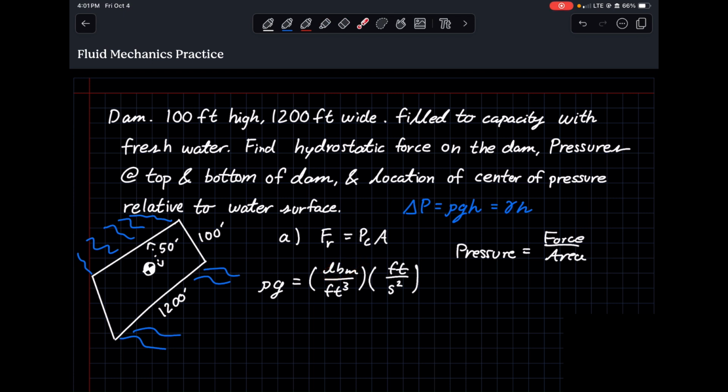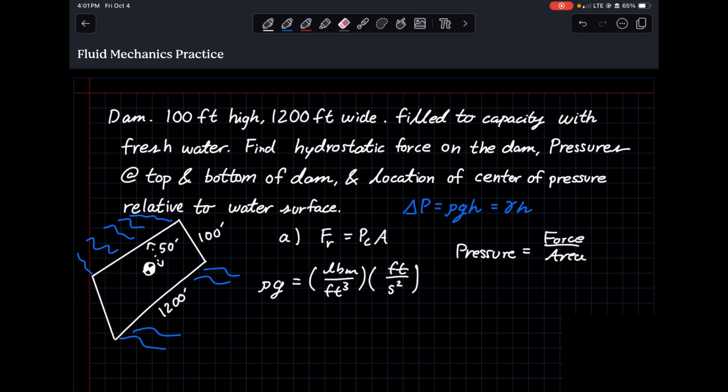Pound mass is mass, that's not a force. So if we use gamma, then we'll get a force. In the metric system, if you have, let's say, a 100-meter high, 1,200-meter wide dam, you could use gamma, but it doesn't have the same advantage as it does in the English or imperial system.